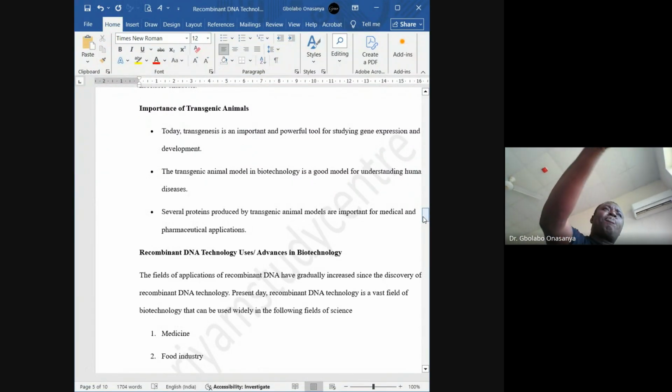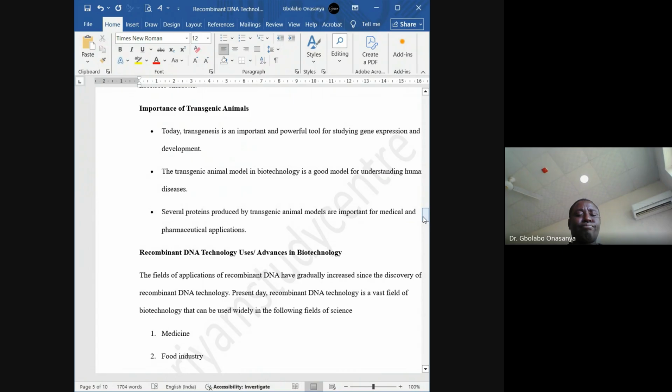Then you can insert the recombinant plasmid into a cell or a whole plant, or into another cell, and begin to study gene expression and development.